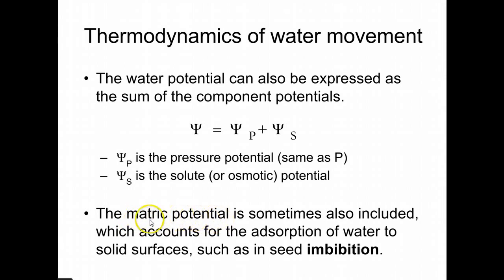Now, let me mention another term that we're just going to mention. It's actually really important in this part of Texas, called the matrix potential. And that only comes into play when we're talking about seeds and seed germination. The matrix potential is due to the makeup of the dry seed.